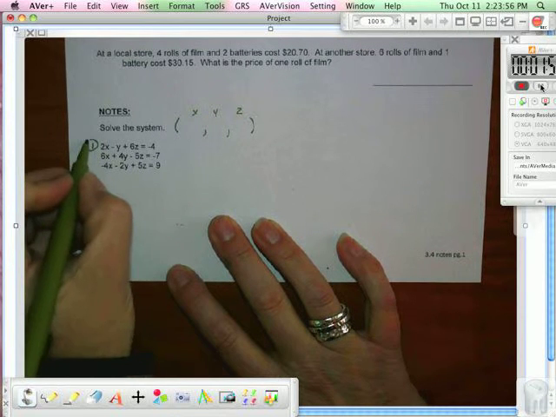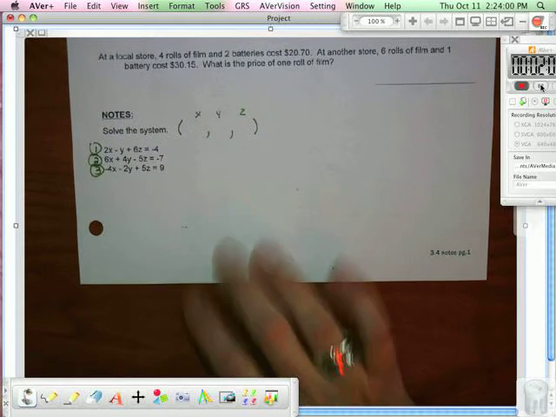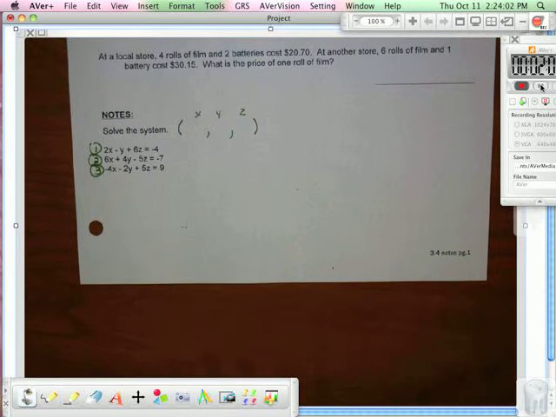I'm going to number my equations 1, 2, and 3. You start with 2 equations. It doesn't matter which 2. Sometimes you look at it and say which ones would be the easiest to eliminate something, and you can start with those. And then I'll show you what you do.